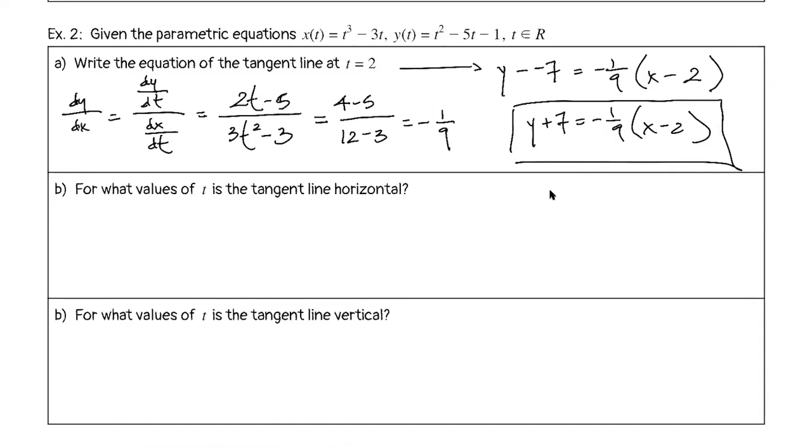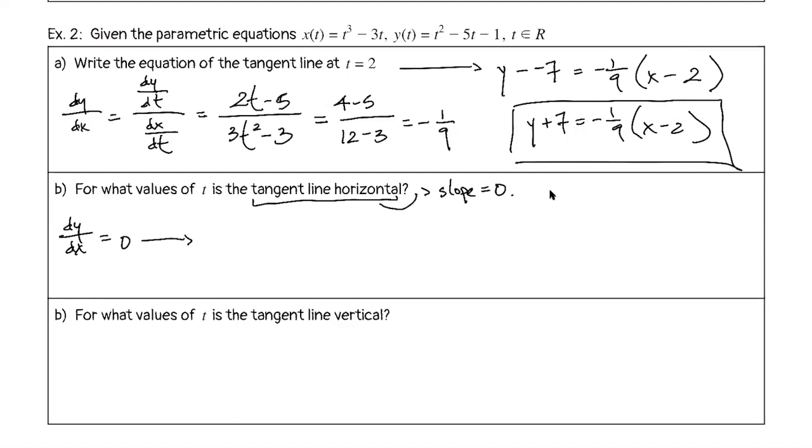So this phrase, tangent line is horizontal, really means where the slope equals 0. In other words, where does dy/dx equal 0? Now that's what it means conceptually. Calculation-wise, dy/dx is a fraction.